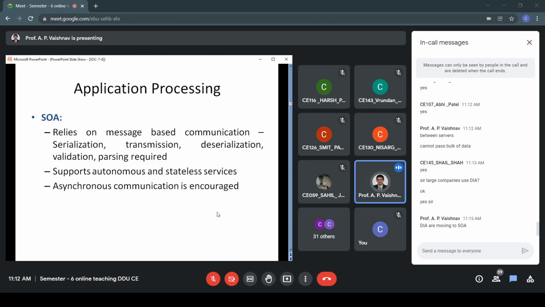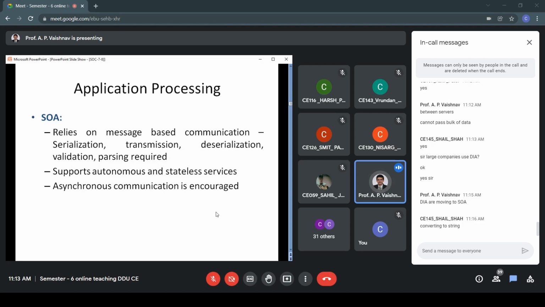So you have to pass the integer values to integers, right? But are you passing integers as integers only to the service, or you are converting them to some other format? Yes, you must have seen that when the SOAP message gets generated. Are you converting integers to some other format? Converting to XML, isn't it? The integer has to be converted to XML.